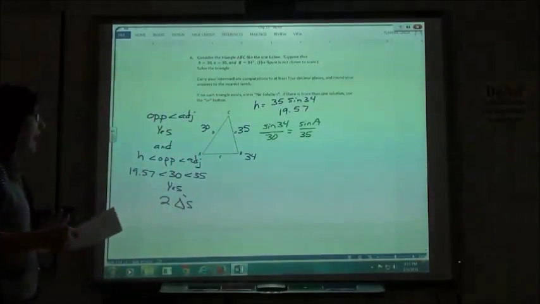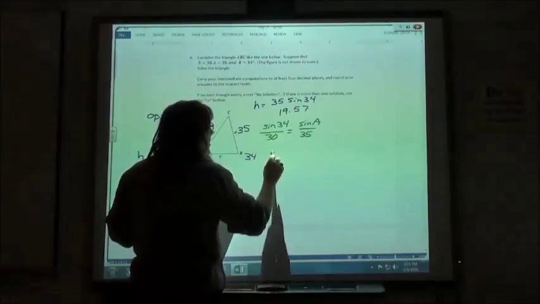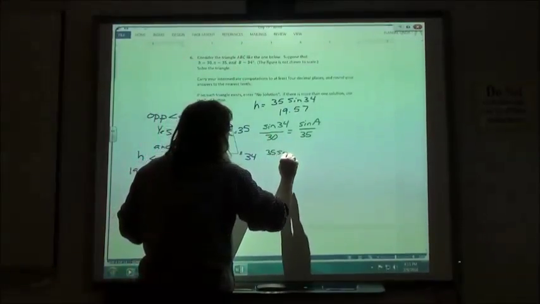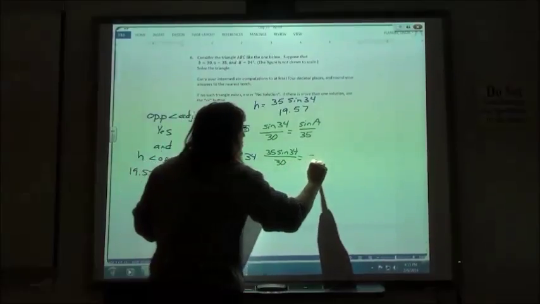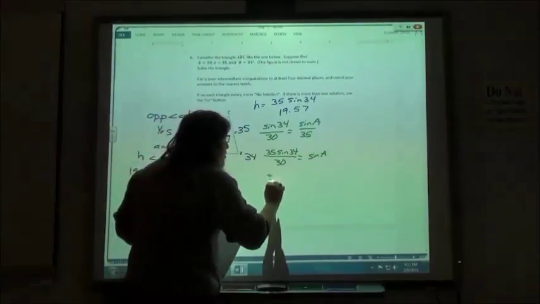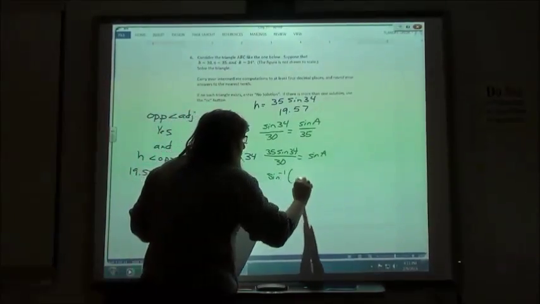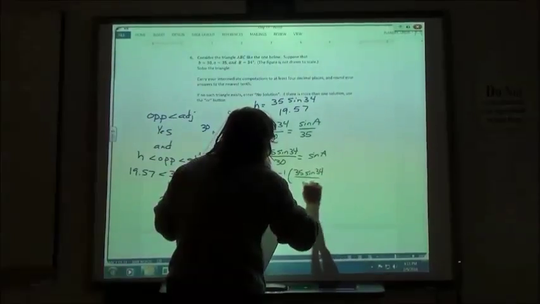I'm going to solve that. So cross multiplying, since this is under here, I'm going to take 35 times the sine of 34 and divide it by 30. That's equal to the sine of A. And so in order to figure that out, we have to do the inverse sine of 35 sine of 34 over 30.